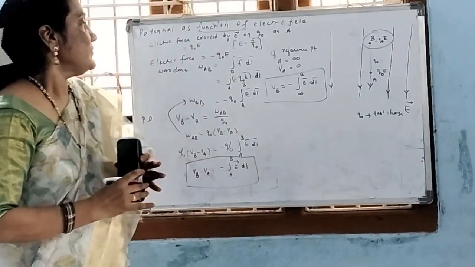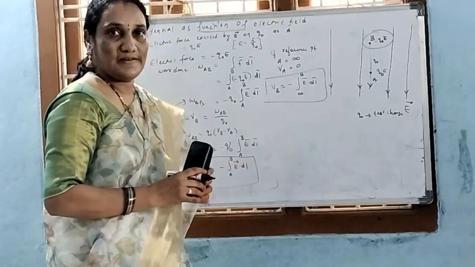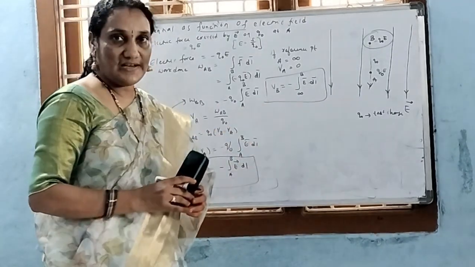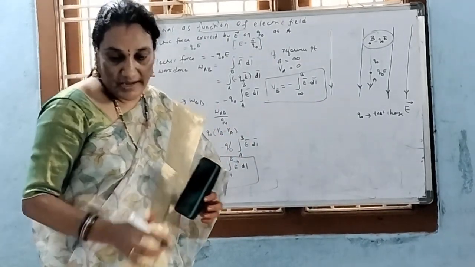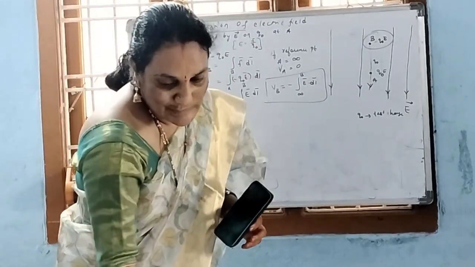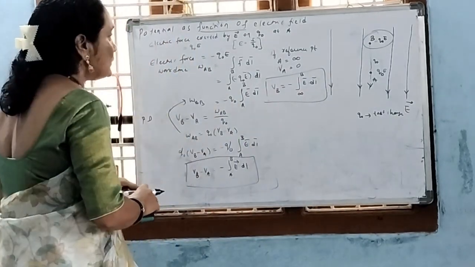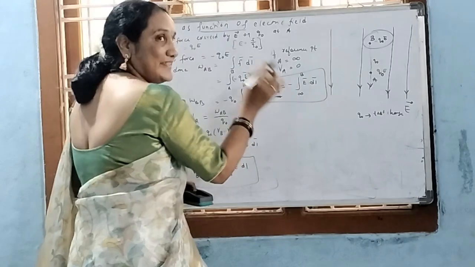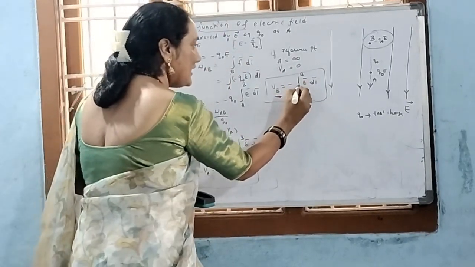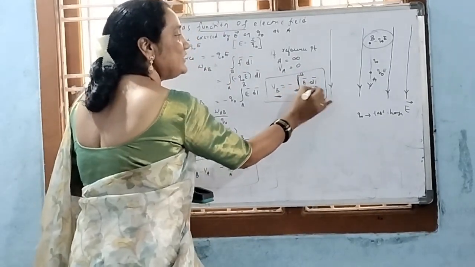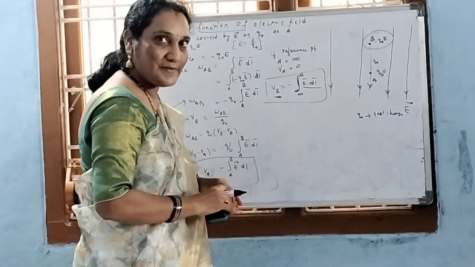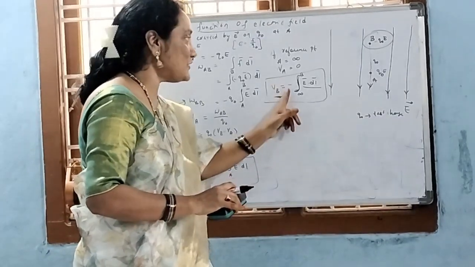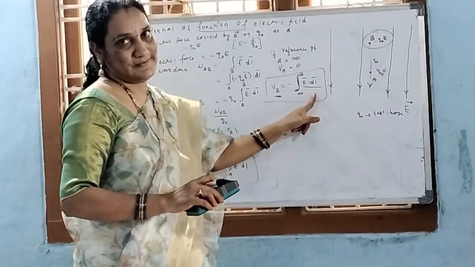This is the relation between potential and electric field. So the electric potential can be written as the line integral of E dot dl.